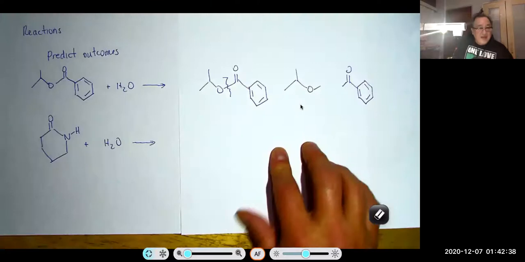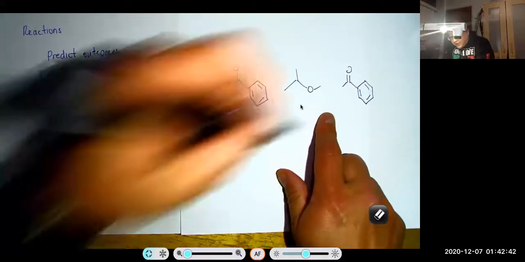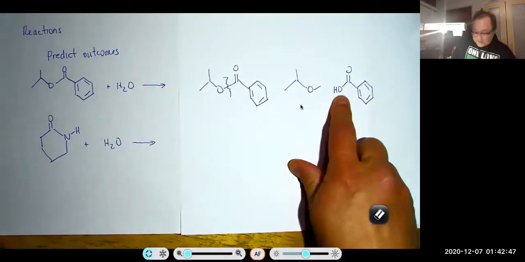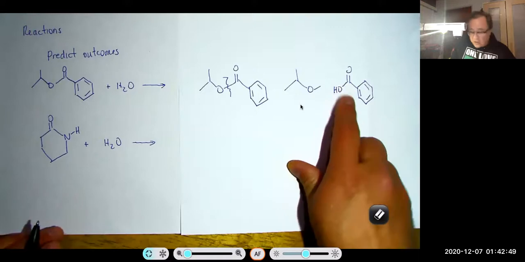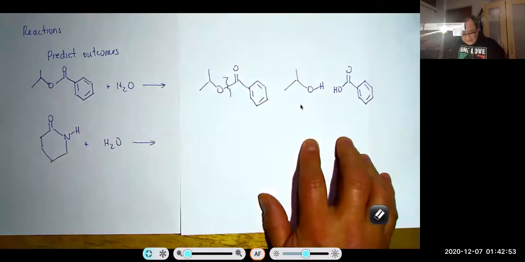Okay, so we got that. And where do we add the OH? Always to the carbonyl. Now here, I'm going to add an HO because the oxygen bonds to the carbonyl. And here, we're going to put a hydrogen, and that's it.